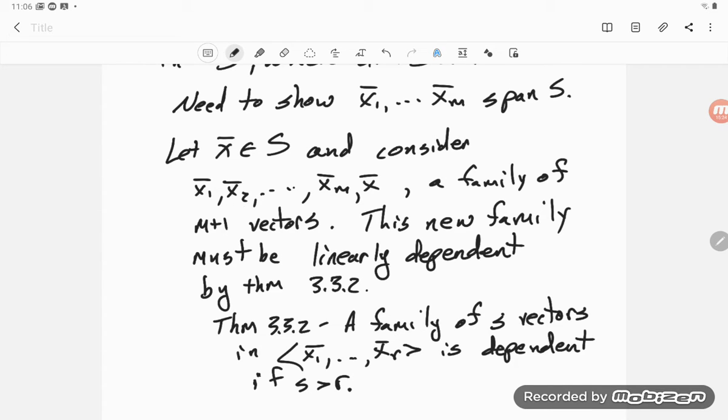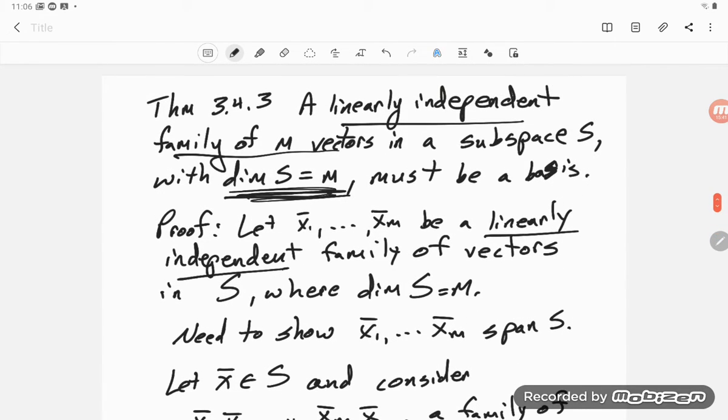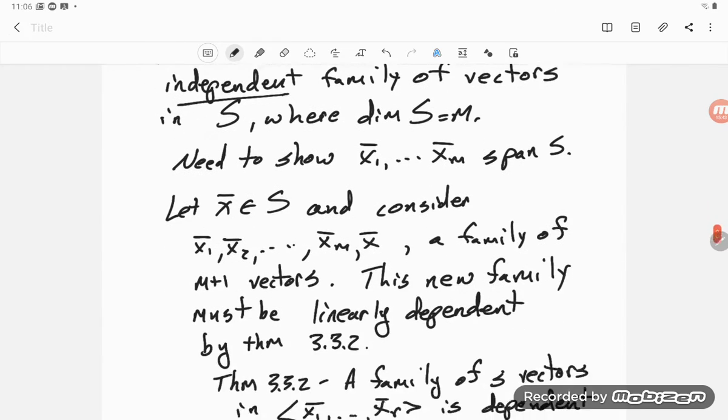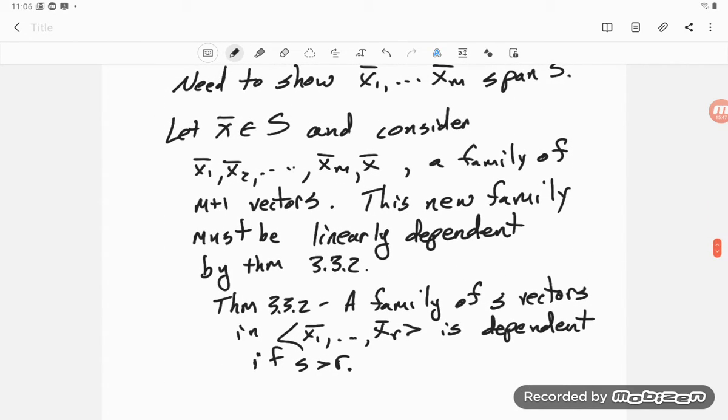And so we know that our basis has m vectors in it. We know that because the dimension here is m. So we know that we have m vectors in the basis, and a basis spans the whole set.